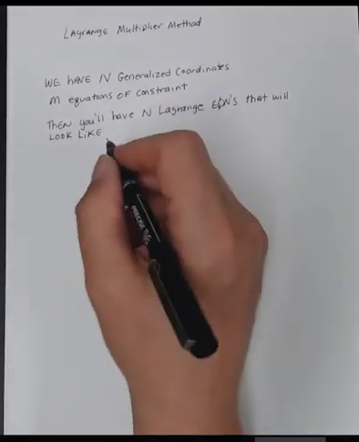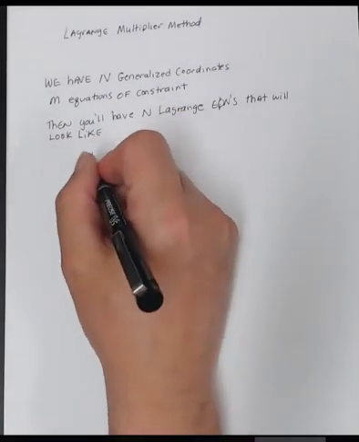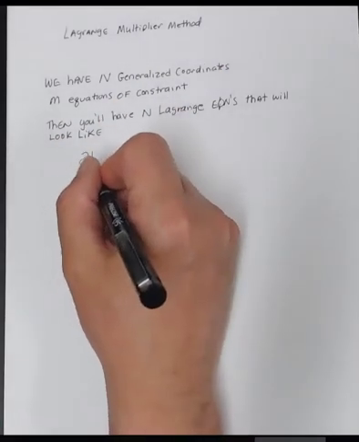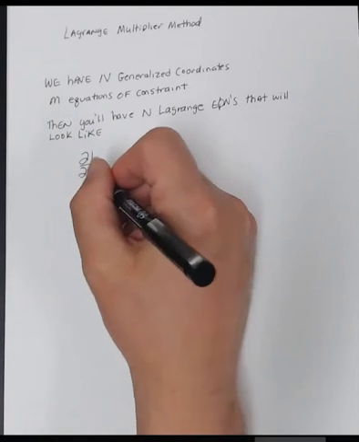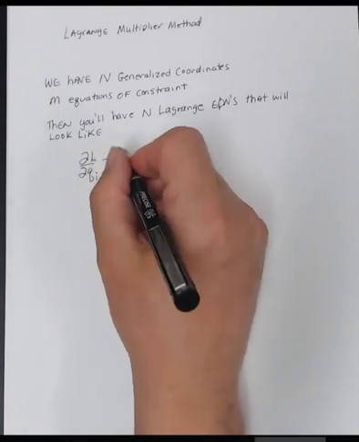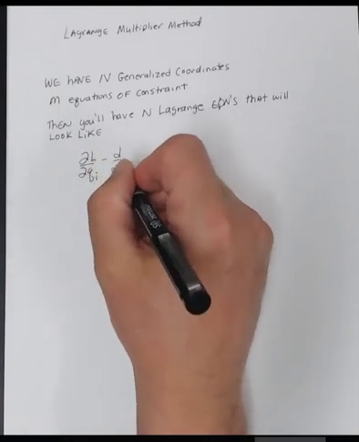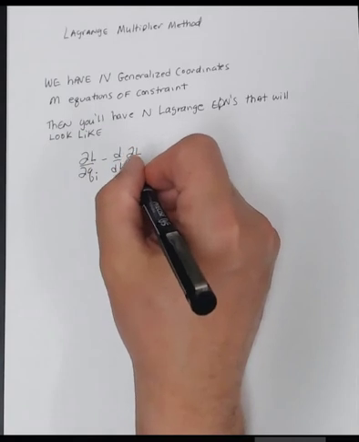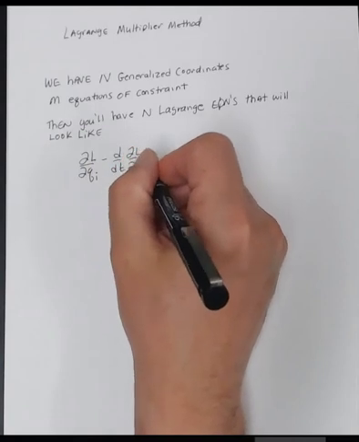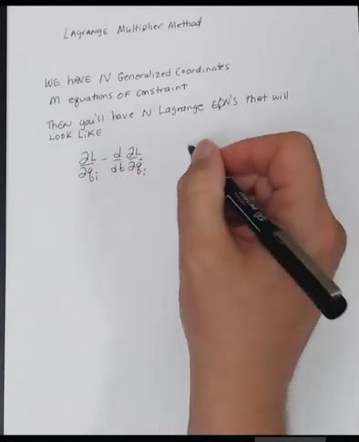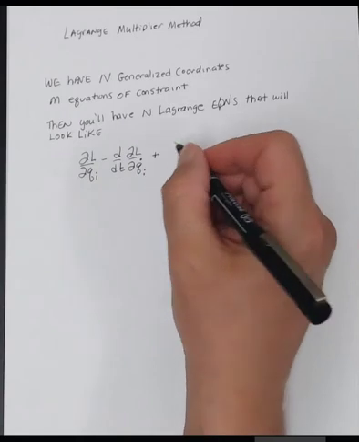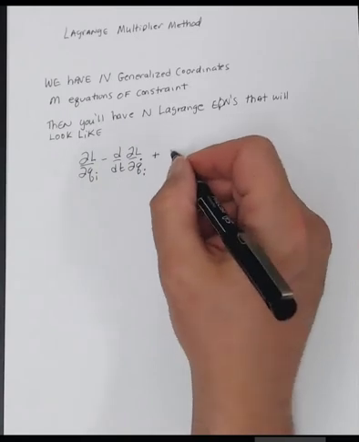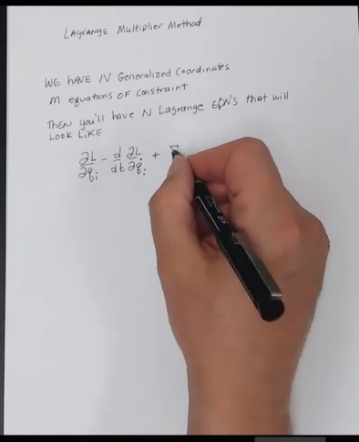They're going to look like dL/dqi, this is for the ith coordinate, minus d/dt of dL/dqi dot, plus, then you're going to have m of these terms.